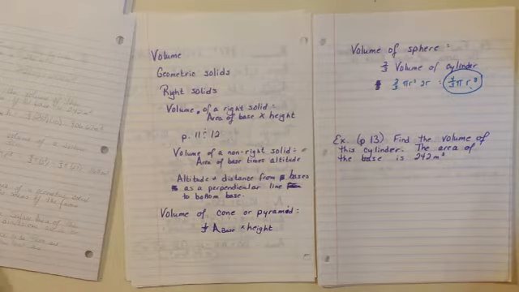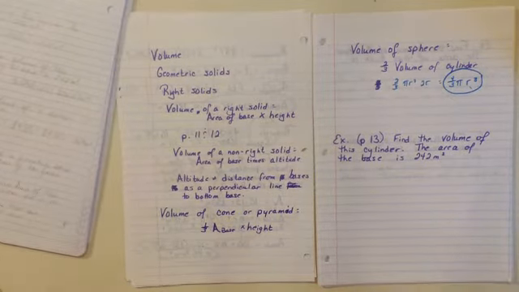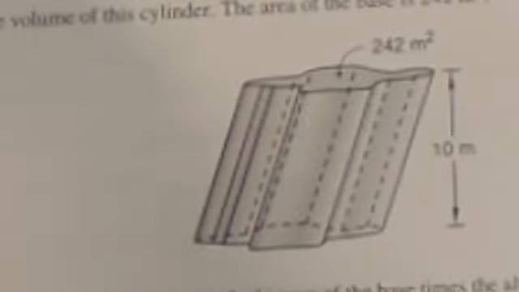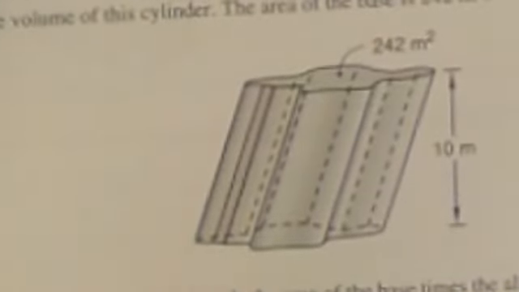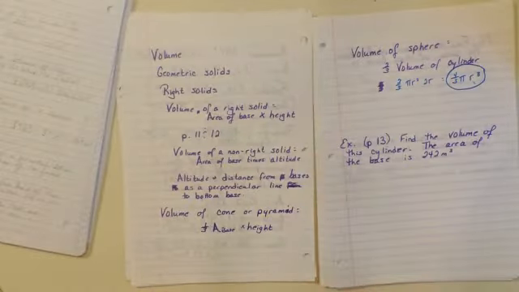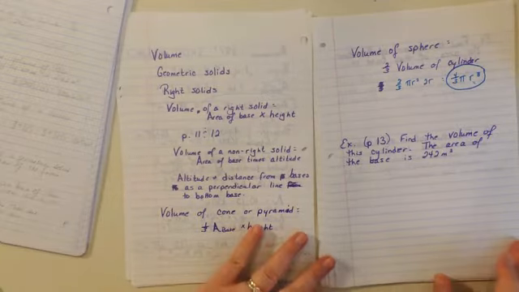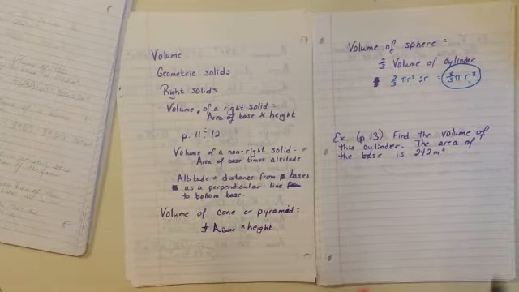Okay, so let's try an example. On page 13, we're going to look at example B3. We have this funky shaped cylinder. Okay, and the example says to find the volume of the cylinder if the area of the base is 242 meters squared. Okay, the volume of any cylinder equals the area of the base times the height.